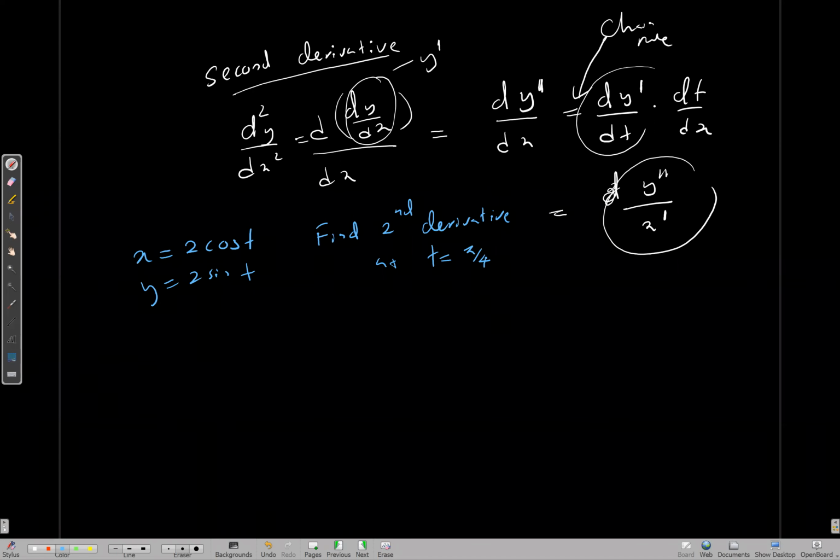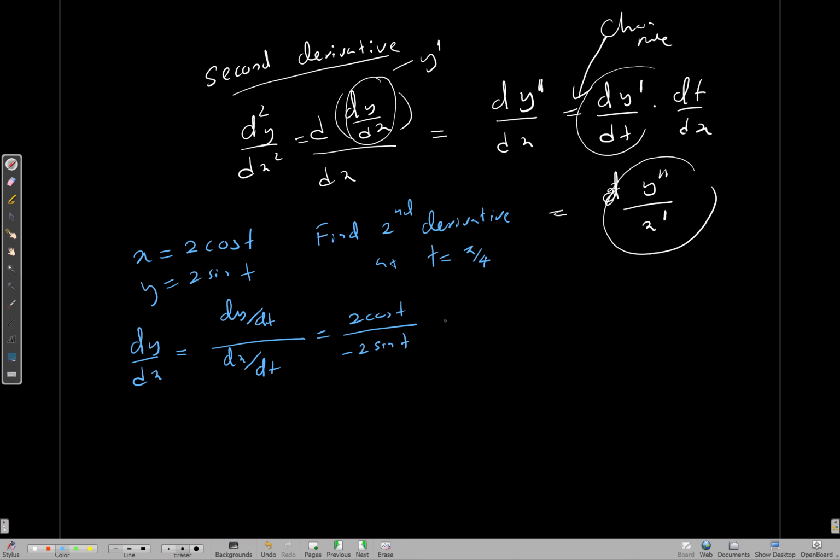First you have to find dy by dx. In order to do that, dy by dt over dx by dt. Now dy by dt is 2 cos t over negative 2 sine t, right?